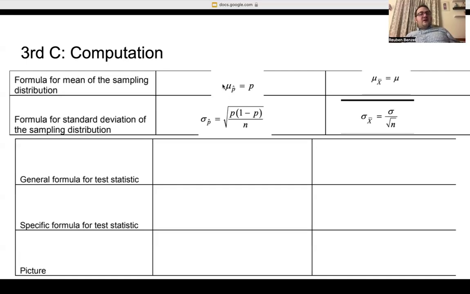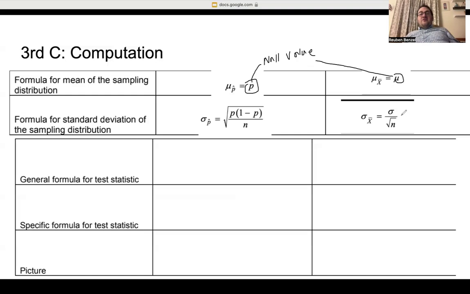If we want to find the mean of the sampling distribution, we use the null value for both the mean and proportion problems. So just keep that in mind: you're going to use the null value, not the sample value.